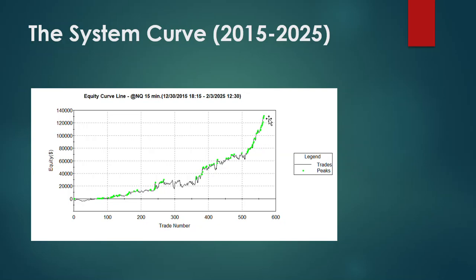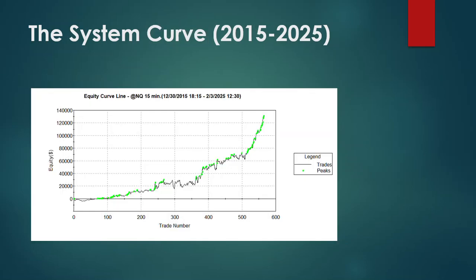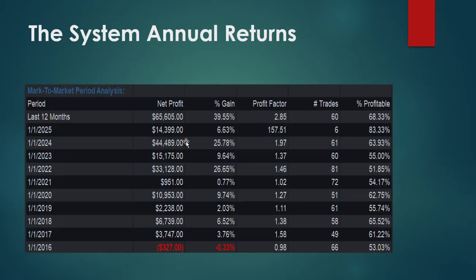And has it crashed lately? Absolutely not. Look at this, right? You saw the examples of the winning trades. Now you've seen the report for the 10 years-ish, right? End of 2015 to now. Look at that. This thing just keeps going, right? And here are the annual returns. 2025, look at that already. It's going nutty. 2024, unbelievable year.